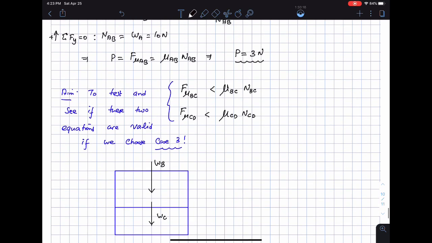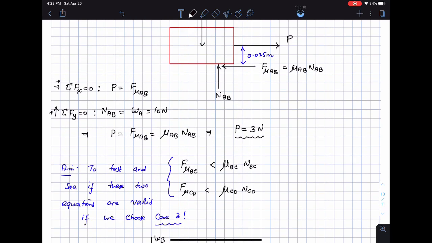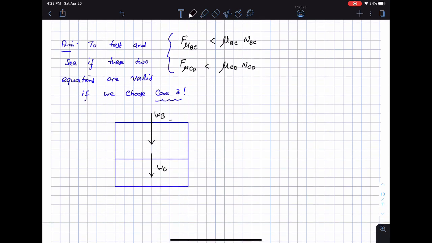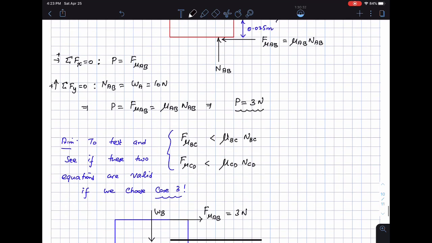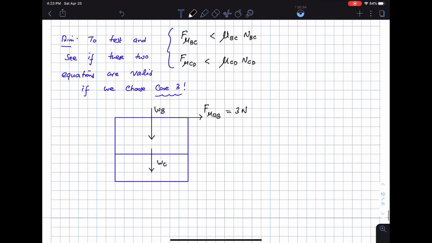The force F mu AB, if you see, F mu AB is pointing to the left on box A, and in the B interface, so it's going to be pointing to the right here. Okay, so this is F mu AB, which I know to be equal to 3 newtons from above. Now I have NCD, which is acting vertically up, and then I have F mu CD, which is less than mu CD times NCD.